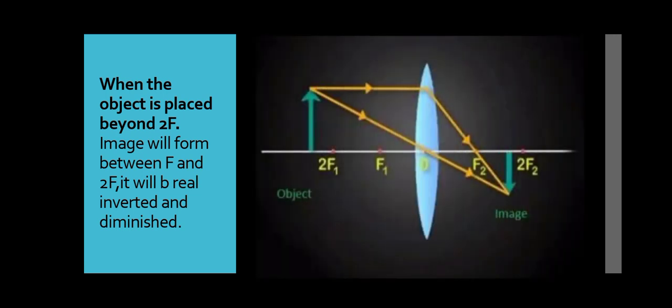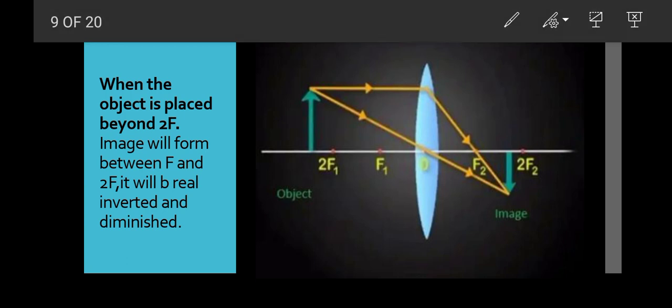Here is the first case, when the object is placed beyond 2F. Let's see what will happen. Here you can see the object is placed beyond 2F. Don't get confused with F1, F2 and 2F1, 2F2, because these are just for our convenience, that we are taking number 1 for the left of the lens and number 2 for the right of the lens.